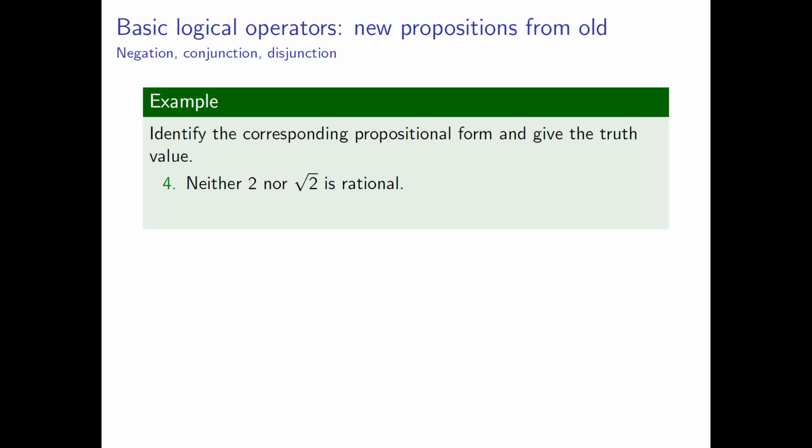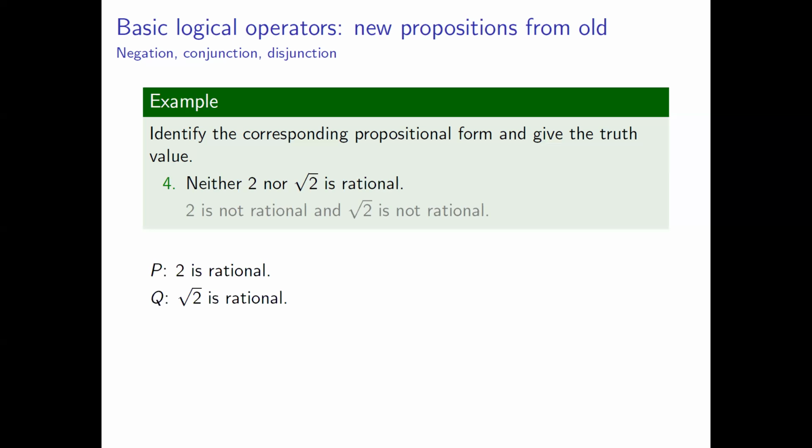This can be written as the statement, 2 is not rational and the square root of 2 is not rational. Let us take P and Q to be the same propositions as in example 3.